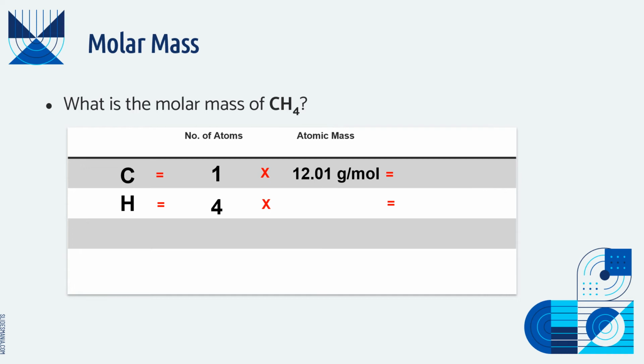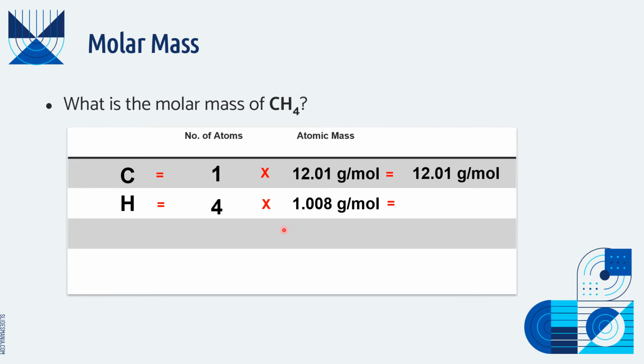This atomic mass is given on the periodic table of elements. So 1 times 12.01, the answer is 12.01 gram per mole. How about hydrogen? What's the atomic mass of hydrogen? Based on the periodic table of elements, the atomic mass of hydrogen is 1.008 gram per mole, or 1.01 as before.